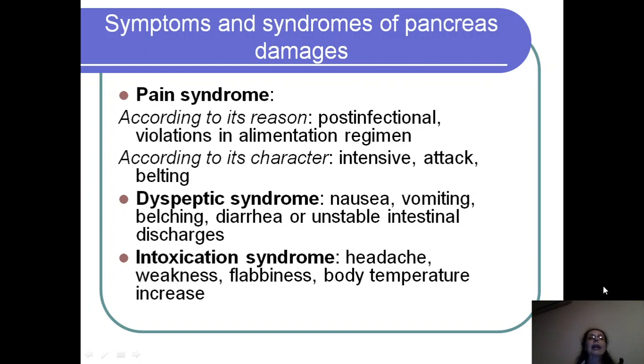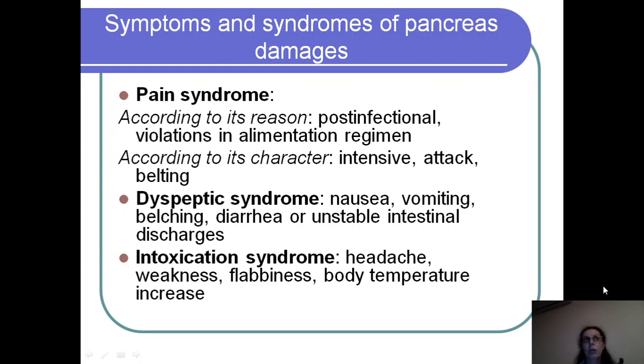It's not attack-like, but it's remarkable, high grade, and quite persistent. So you can think already that it may be acute pancreatitis, especially if it's developing in the background of cystic fibrosis, if it is developing on the ground of mumps, for example, because these are basically two reasons which can provoke development of acute pancreatitis in childhood.